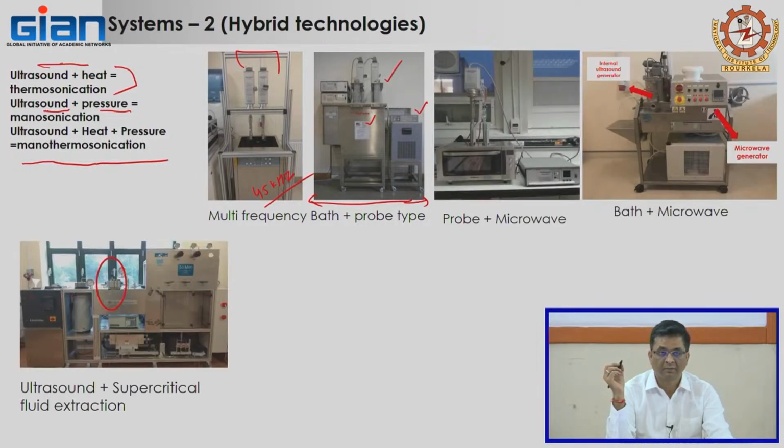Second combination, as you can see, this is a domestic microwave which was modified to do the treatment. Now looking at this, you don't have to modify the microwave yourself. This is not that easy to do. Our trained engineer has to do that, where to cut that particular microwave. And as you can see, an ultrasonic probe is going into that microwave. But this ultrasonic probe is not made of metal.